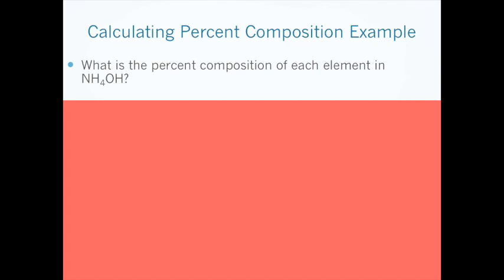So we're going to do an example of this. Percent composition of each element in ammonium hydroxide, NH4OH. So first we determine the contribution of each element. We have 1 nitrogen atom, which weighs 14.01 grams per mole.